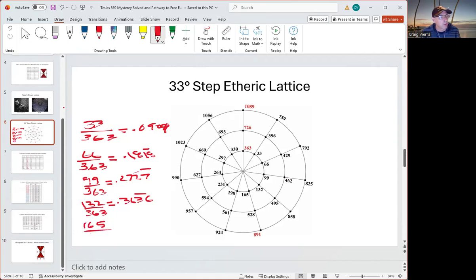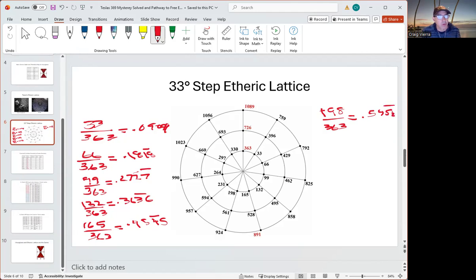165 over 363. This is going to equal 0.4545. We can repeat. 198 over 363 is going to be 0.5454.